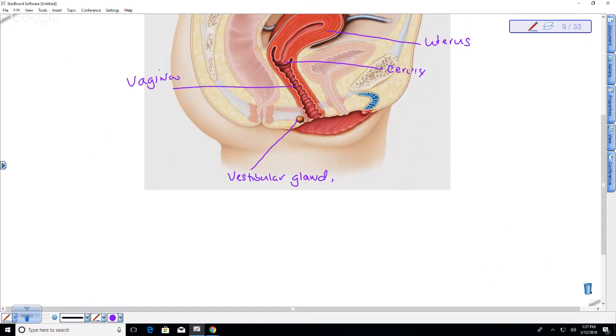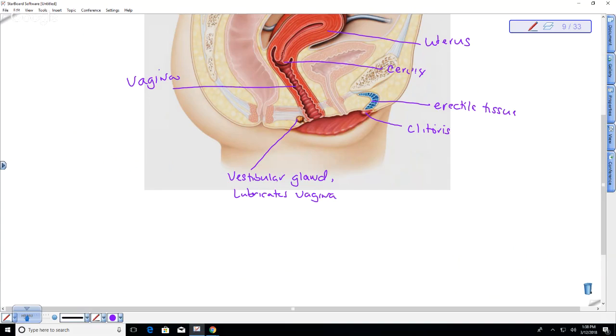It produces secretions that lubricate the vagina. Notice that it is homologous, it's in the same location as the bulbourethral gland in males. Okay. And then this right here would be the erectile tissue. And I'll show you a better picture of this. And then this exposed part is called the clitoris.